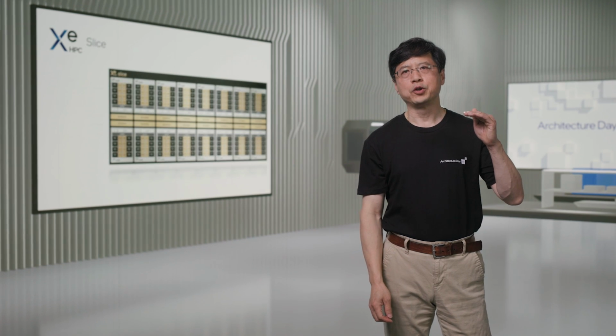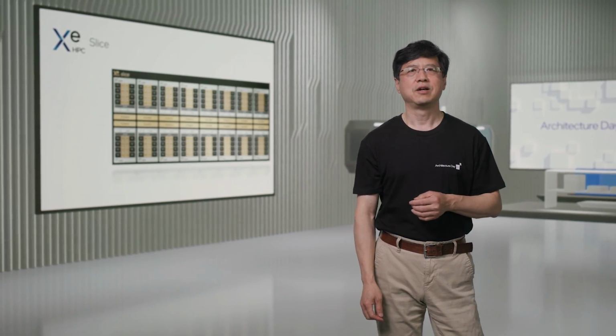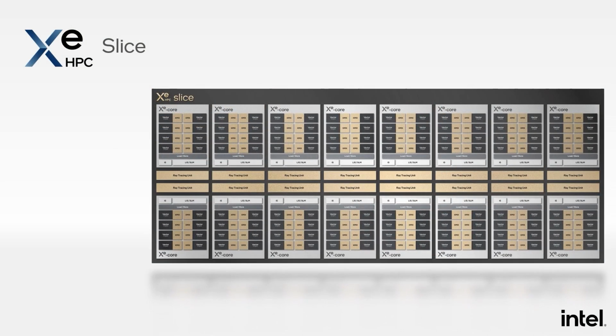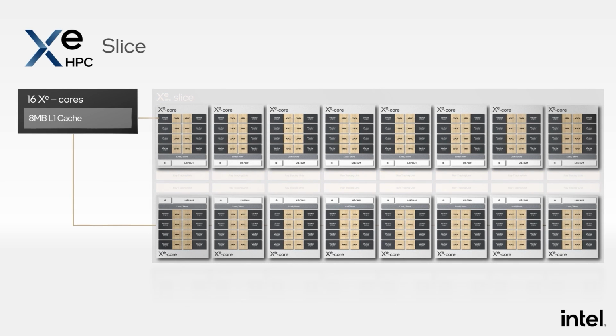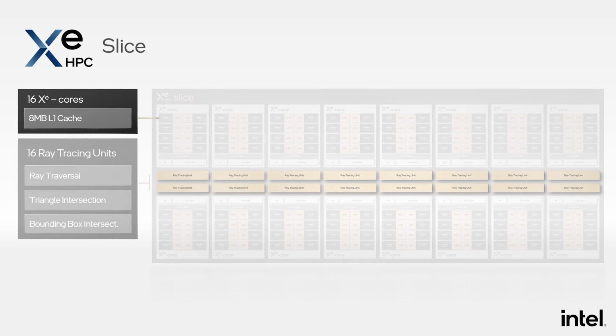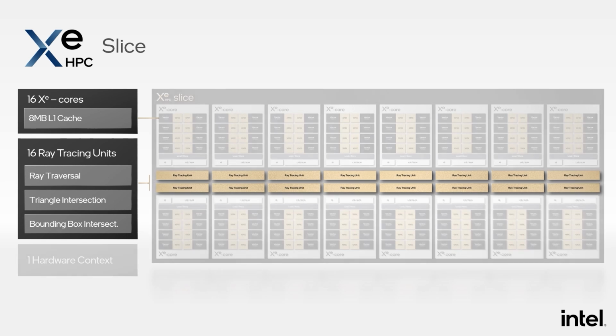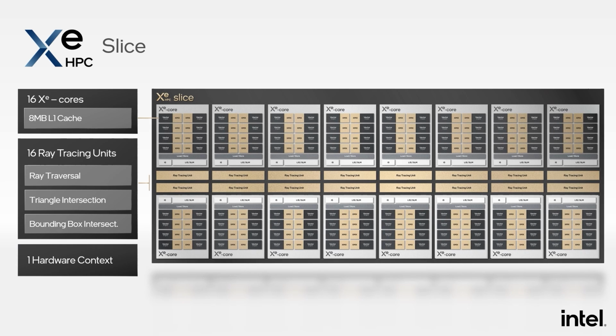The next level building block is the slice. For Xe-HPC, a slice has 16 Xe cores, totaling 8 megabytes of L1 cache, 16 ray tracing units, and providing 1 hardware context. The ray tracing units provide fixed function computation for ray traversal, bounding box intersection, and triangle intersection.